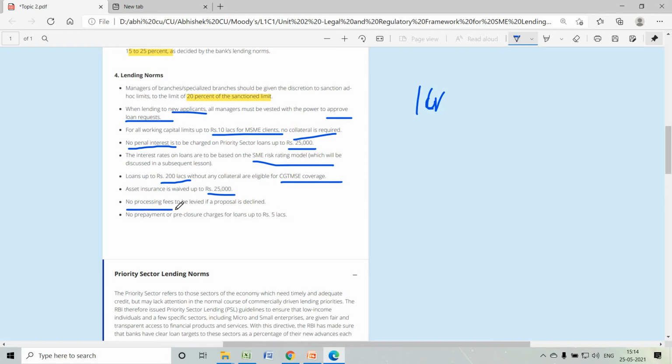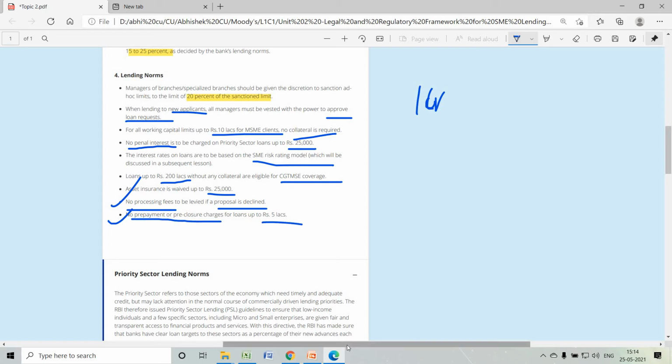No processing fees to be levied if the proposal is declined. So if the loan is not sanctioned, then there will not be any processing fees for MSMEs. Now, no prepayment or pre-closure charges for loans up to rupees 5 lakhs.